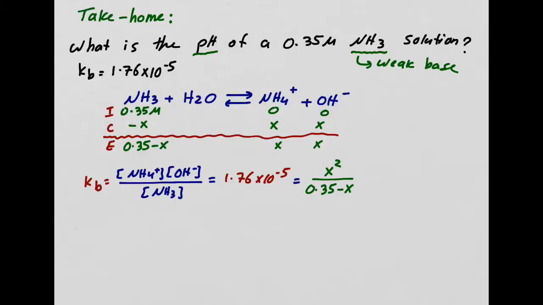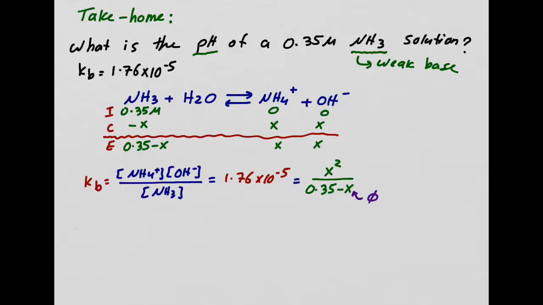Now, to solve this, because this is a small K value, much less than 1, what I can do is assume that this x is 0. And if I assume this x is 0, that is going to make my math so much easier. And I can assume that because whatever this x is going to be, it is so tiny compared to 0.35 molar, so I can just assume 0 and still get a nice approximate number.